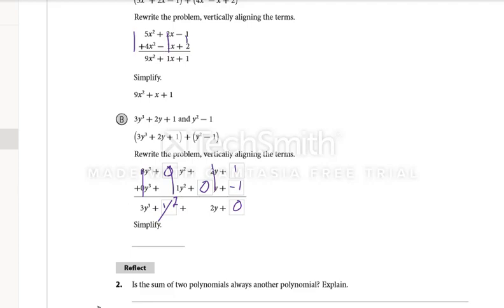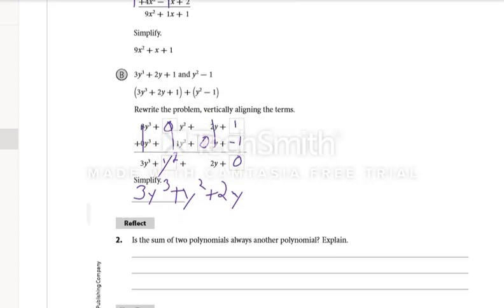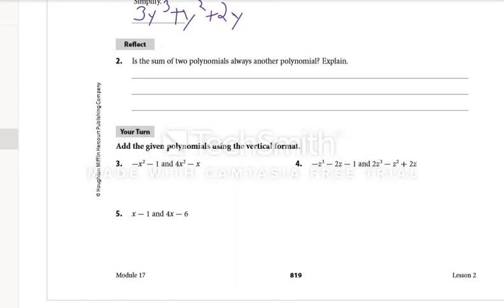So we simplify that. We can get rid of things that we don't need. And we can rewrite this as 3y cubed plus y squared plus 2y. Alright. Do the reflect and the your turn, and we'll go over them in a minute.